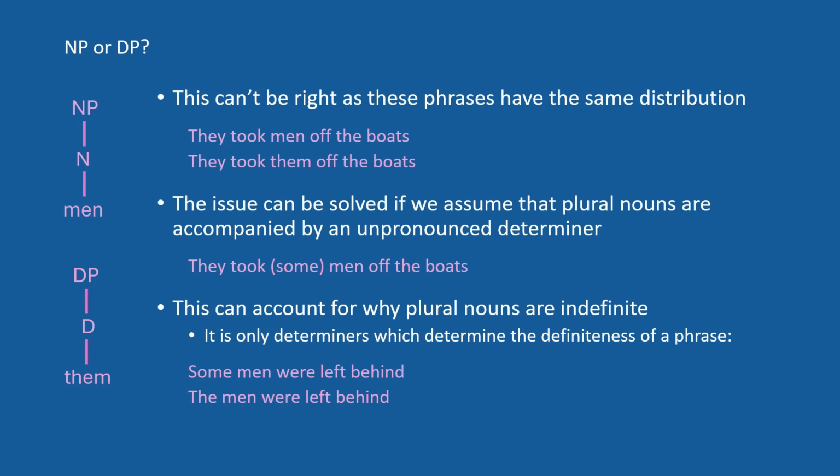It can't be anything to do with the noun itself, because nouns themselves are neither definite nor indefinite. It's the determiner that determines whether or not a phrase is definite or indefinite. So, for example, if we have some men were left behind, that's an indefinite phrase because the determiner some is indefinite, whereas the men were left behind, the men is definite because the determiner the is definite.